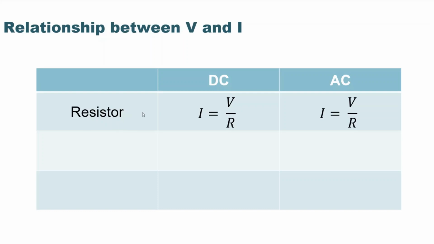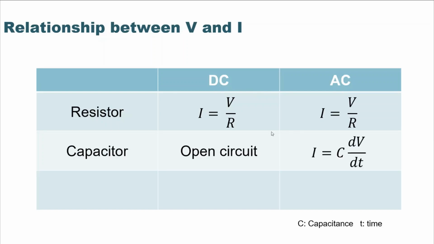Let's first recall the voltage-current relationship of a resistor, which is governed by Ohm's law, where current is equal to voltage divided by resistance under both DC and AC circuits. For a capacitor in a DC circuit, a capacitor is considered open, which means the current cannot go through the capacitor.